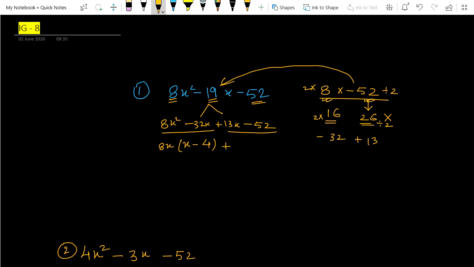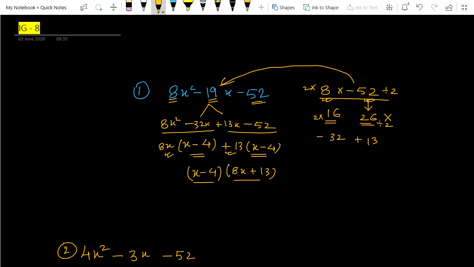Now if we take 13 common, we can collect x minus 4 as a factor. So x minus 4 is common in both the terms. So we are taking common x minus 4, and that should be the first factor. And 8x plus 13 will give us the second factor, as those are the remaining terms.